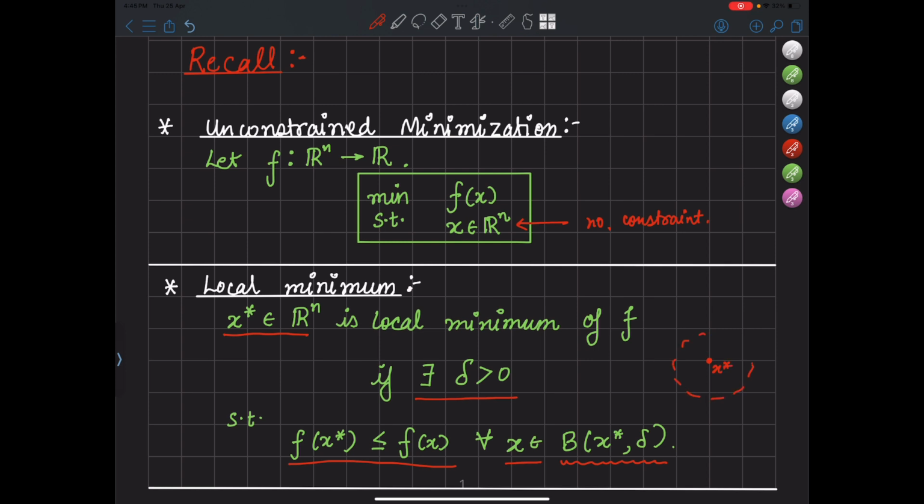Then if we can find a delta, however small it can be but it has to be positive, and we draw a ball of radius delta around x star, then all the values of x inside this ball, if f(x star) is less than or equal to f(x) for all x in this region, then x star can be said to be a local minima.